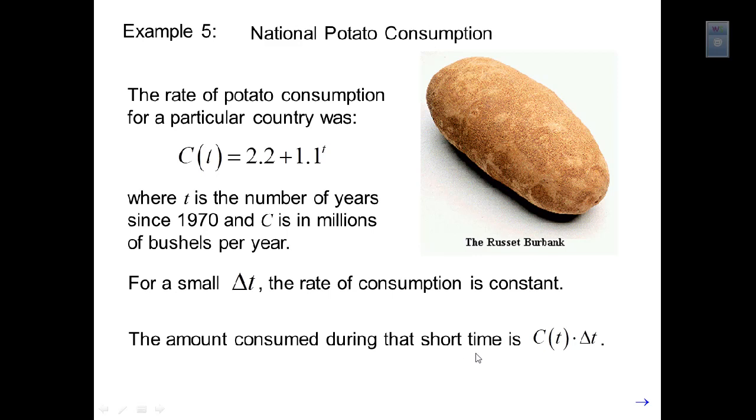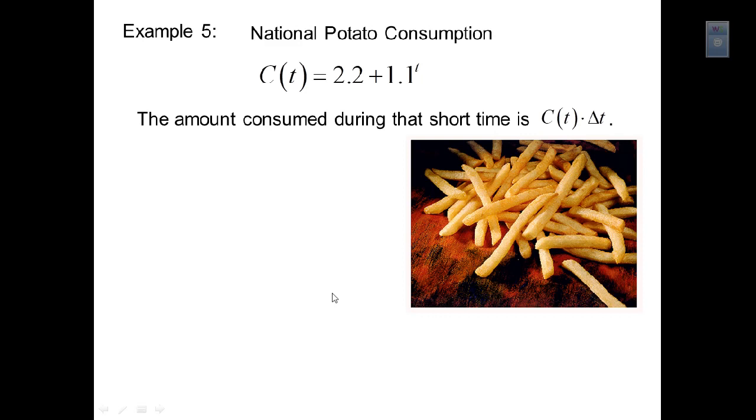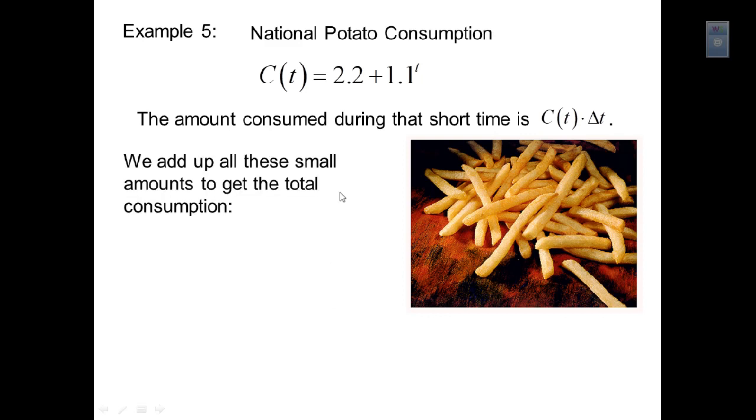The amount consumed during that short time is C of t times delta t. So you find the C of t value, multiply it by that small change in time, and you can figure out how much this country is consuming over that small moment in time. Now, if we add up all these small amounts to get the total consumption, we end up getting the integral of C of t dt. That's the total consumption over the years.